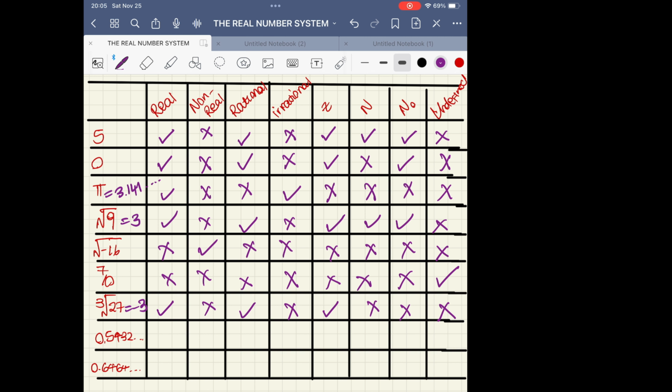So just like pi, it is real, but it is irrational, right? It is a real number because it is a decimal. Cool. But is it a rational number? No, it is irrational. So we cross all this out.